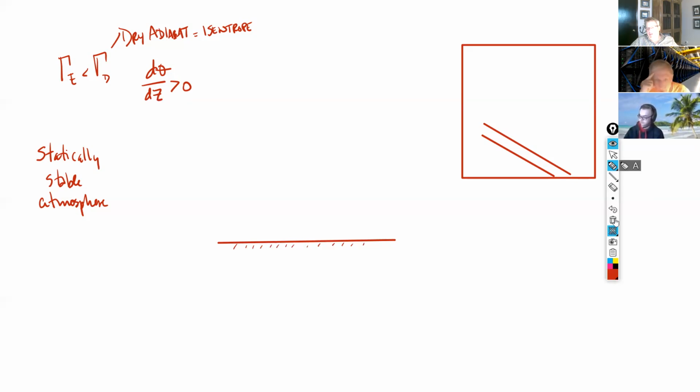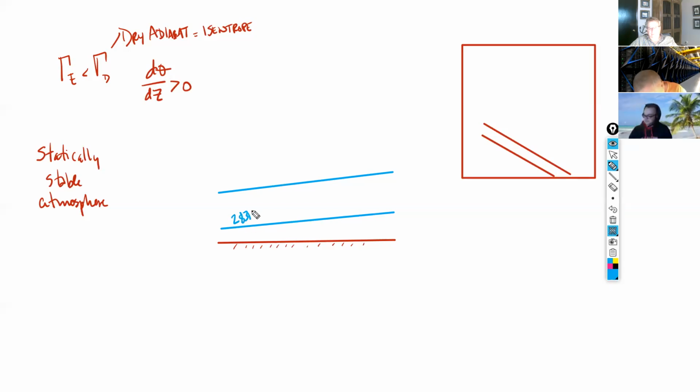So imagine that I'm looking at isentropic surfaces. I'm looking at the cross section of an isentropic surface. And I'm saying over here, it's 283 Kelvin, and this would be 293 Kelvin.